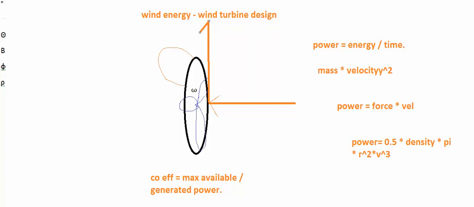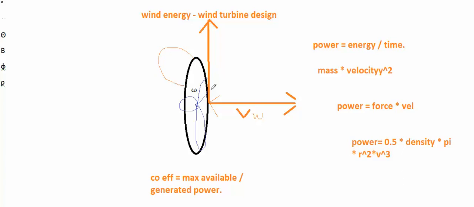Now just imagine there is some wind blowing at a certain velocity. This is the wind velocity, and this vector here is the tangential velocity, or the linear velocity of the element.